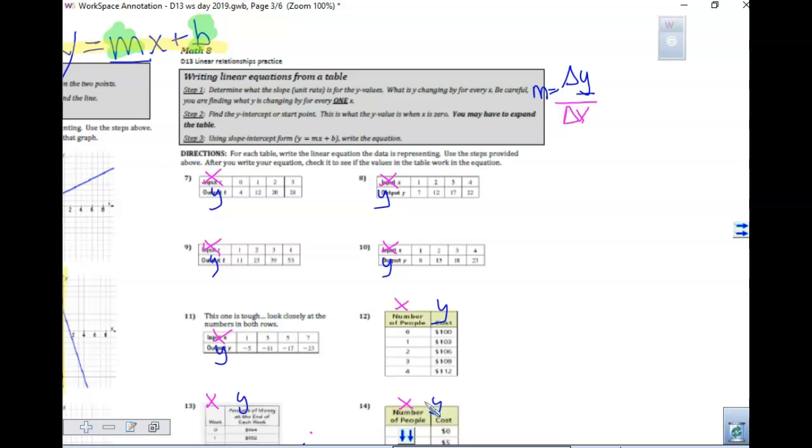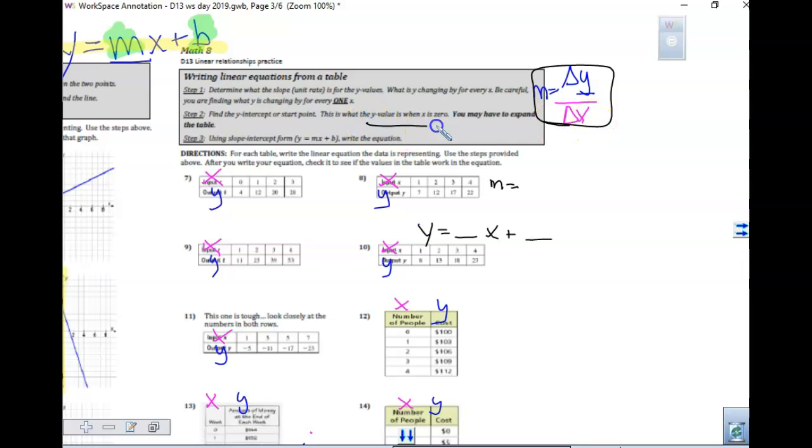We're going to do number 8 together because 8 doesn't give you a 0 in the table. So when I finish number 8, I want the answer to be y equals blank x plus blank. Y equals mx plus b. The first thing I'm going to do is find the slope. This is how you find your slope. You find the change in y over the change in x.